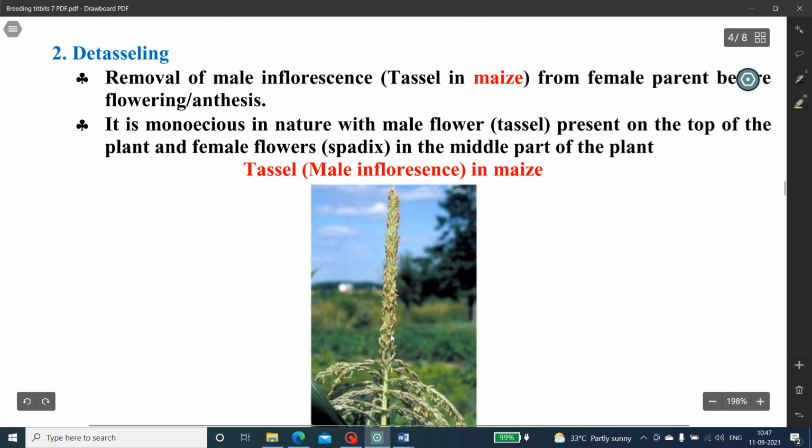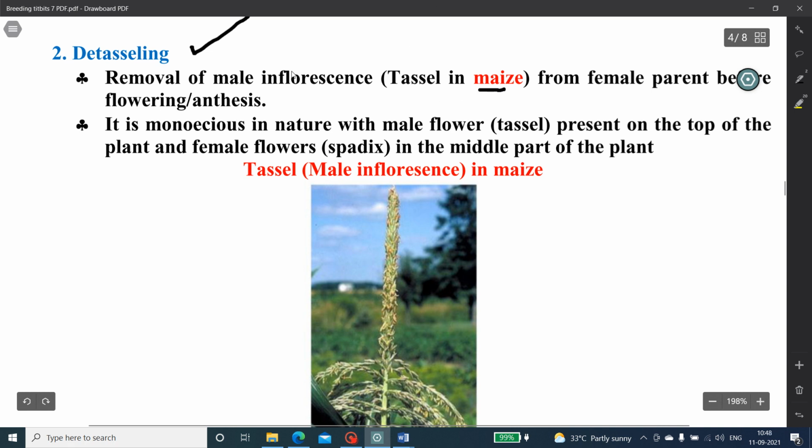Next technique. So far we have seen hand emasculation and pollination, especially in groundnut. And the next one we will be seeing is detasseling, and this is mainly followed in maize crop.